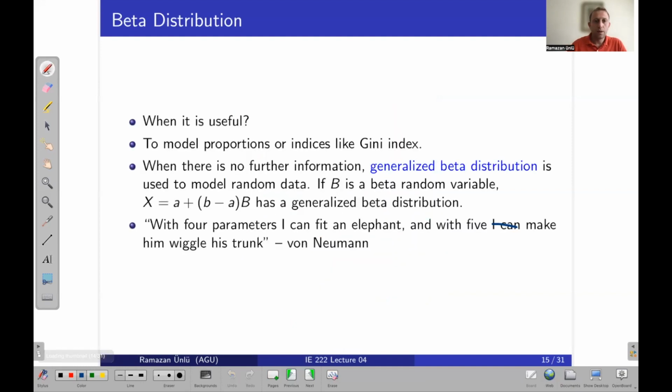So when it is useful, the first thing is to model proportions or indices like the Gini index. Modeling proportions means that I will not give you the details of these things because you will see that in the statistics class, but let me introduce briefly.